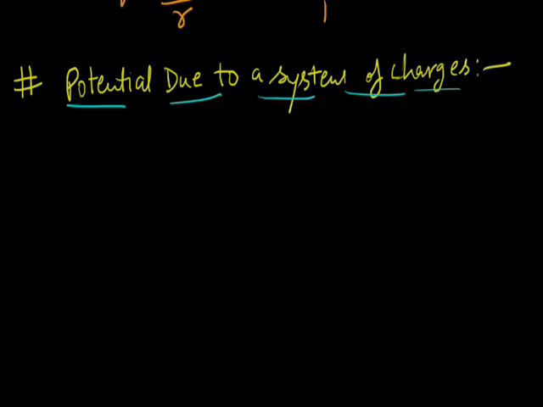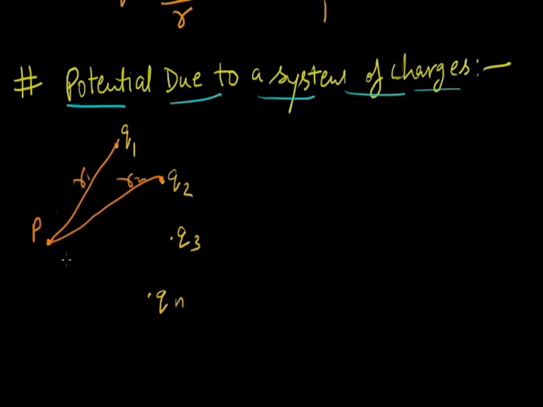Let's say we have a system of charges Q1, Q2, Q3, Qn, and we have to find the potential due to this system of charges at point P. The distance between P and Q1 is r1, P and Q2 is r2, P and Q3 is r3, P and Qn is rn.